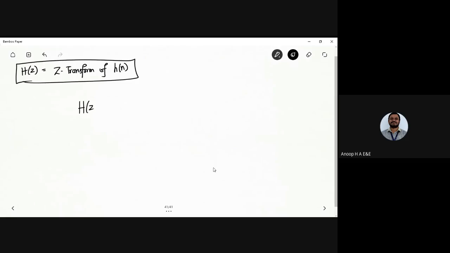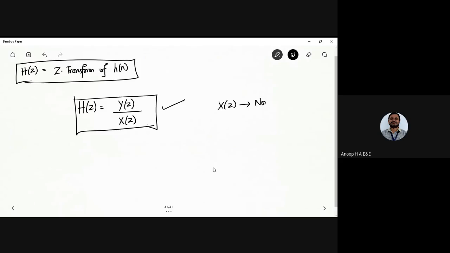So I can write h of z to be the output, that is y of z, divided by the input, that is x of z. So h of z equals y of z divided by x of z, where x of z is said to be non-zero. What I can conclude from this is that h of z is the ratio of output divided by input.